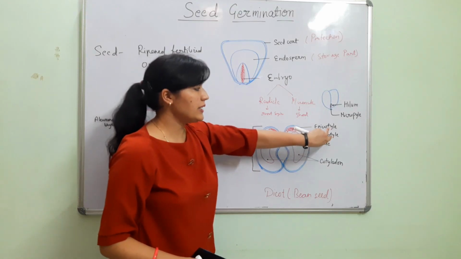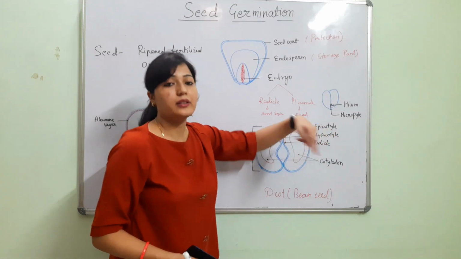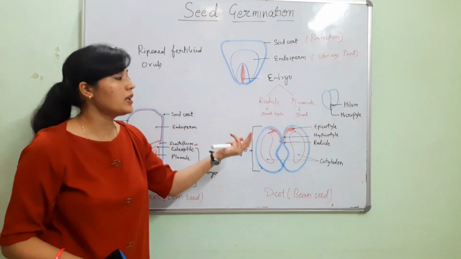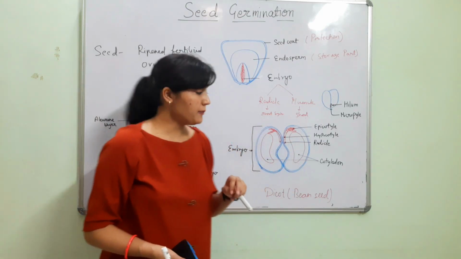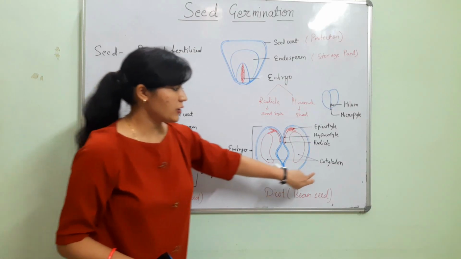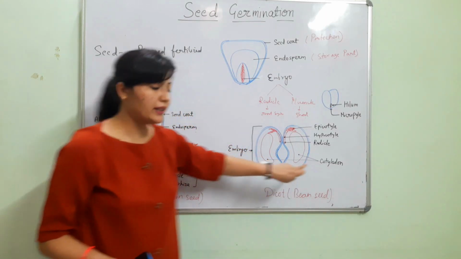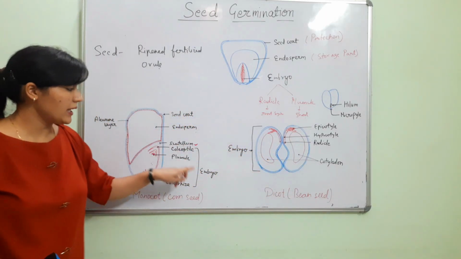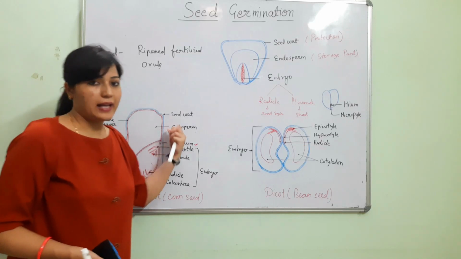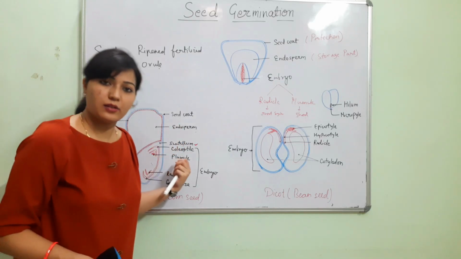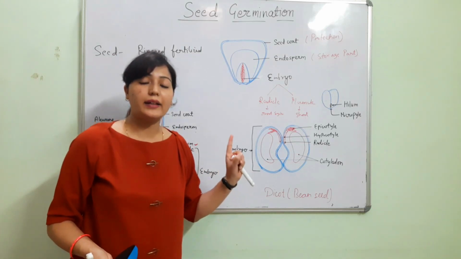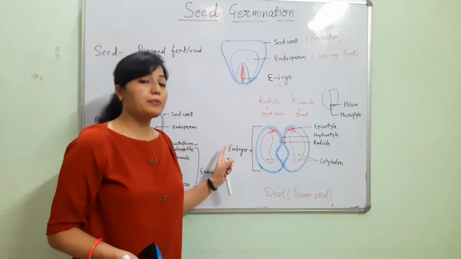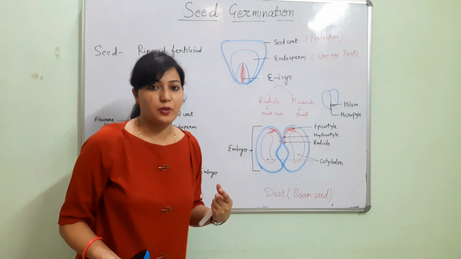These two parts further help in determining whether the germination is epigeal or hypogeal. So in the case of dicots, cotyledons provide the food material, and in the case of monocots, the scutellum helps to provide the food material, until the plant is capable of photosynthesis.